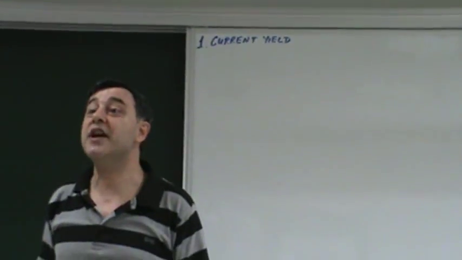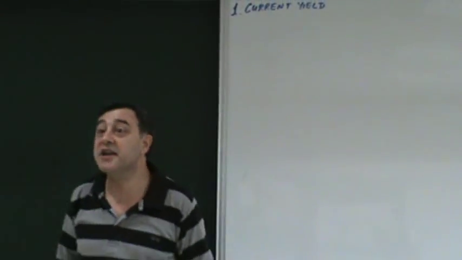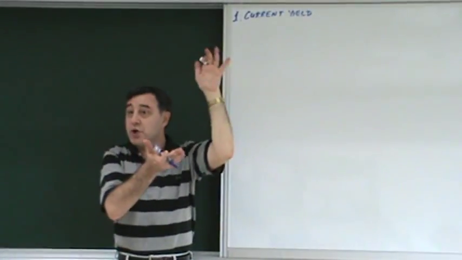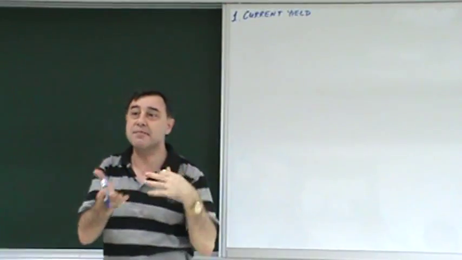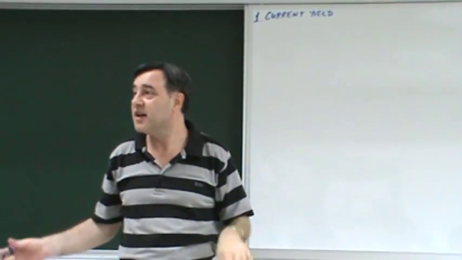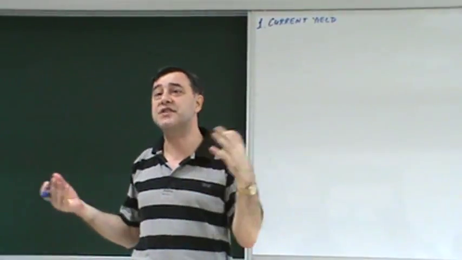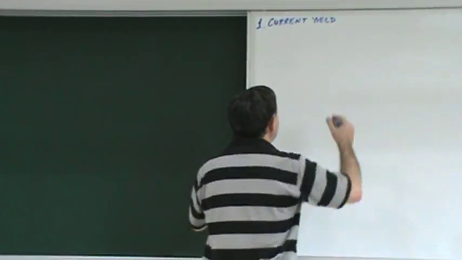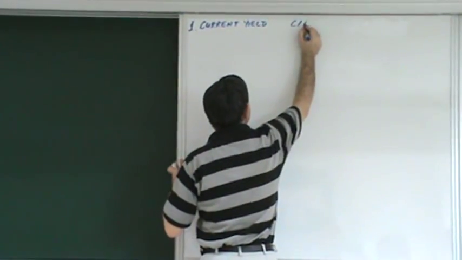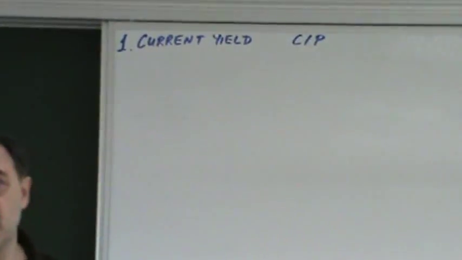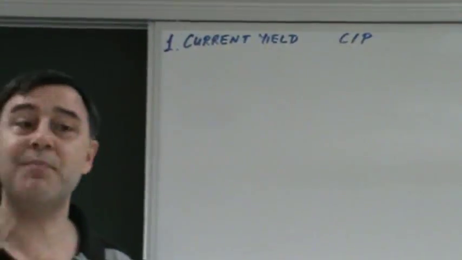Current yield is actually amazingly simple. It is simply the coupon payment divided by the current price. There's no fancy calculation, there's nothing. It's just coupon divided by price.